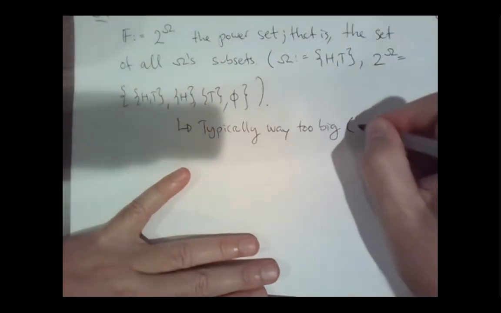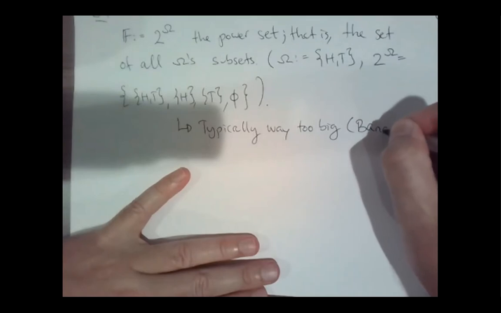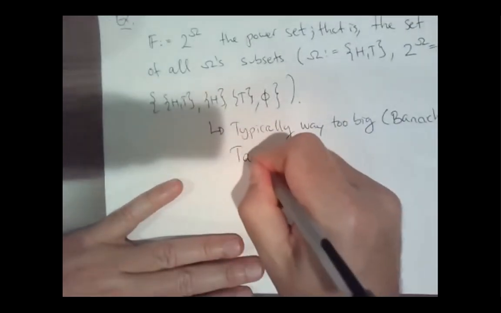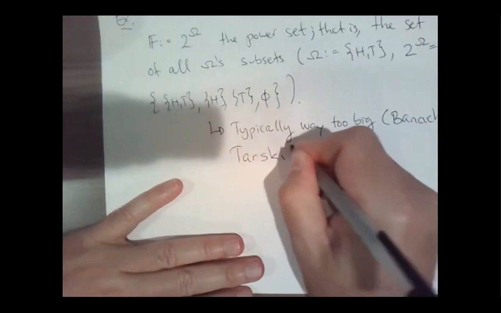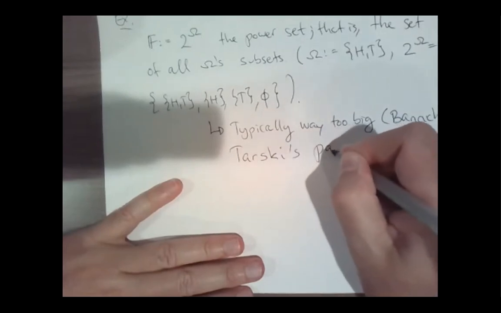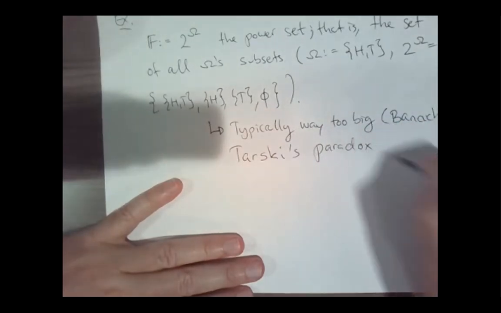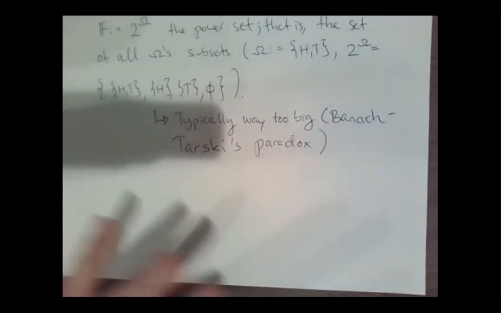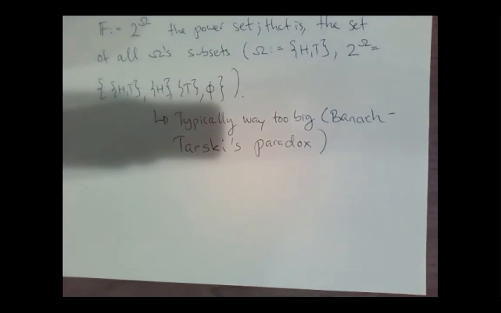We'll talk about it today if we have time, otherwise next time. It's called the Banach-Tarski paradox, and it has to do with this power set just being way too big.